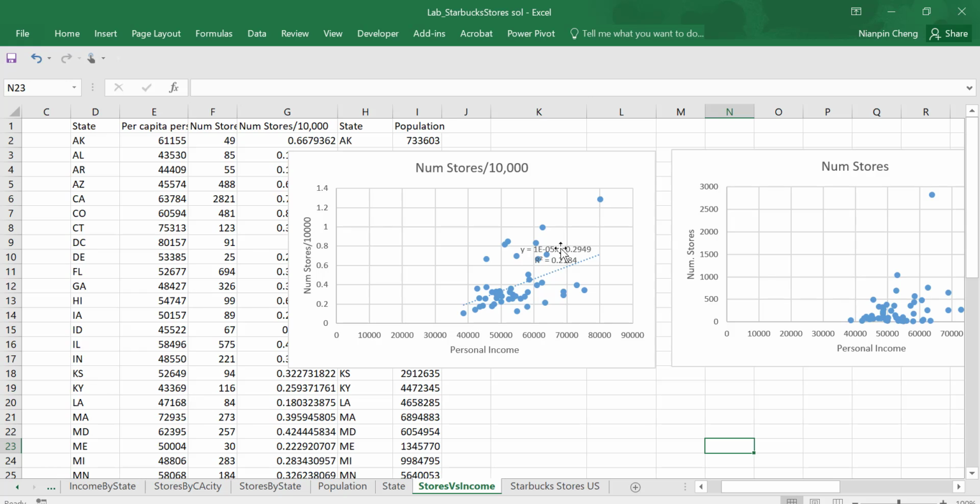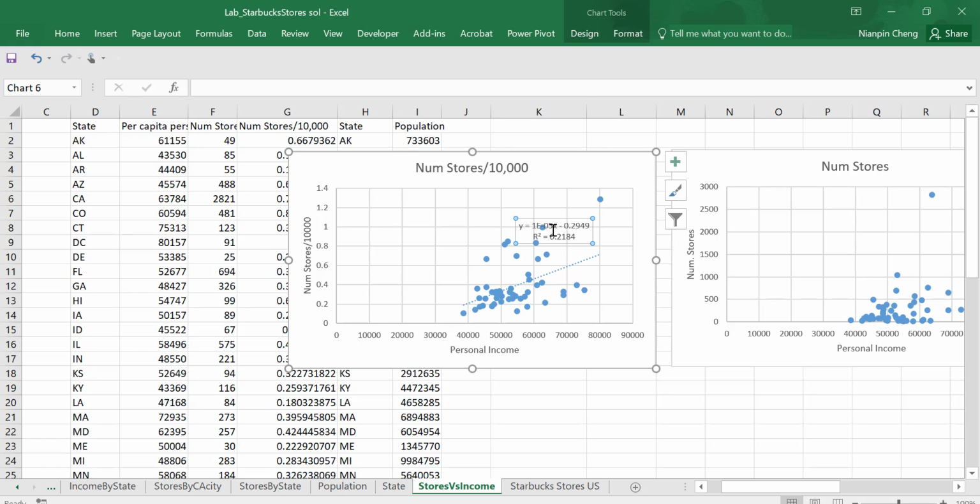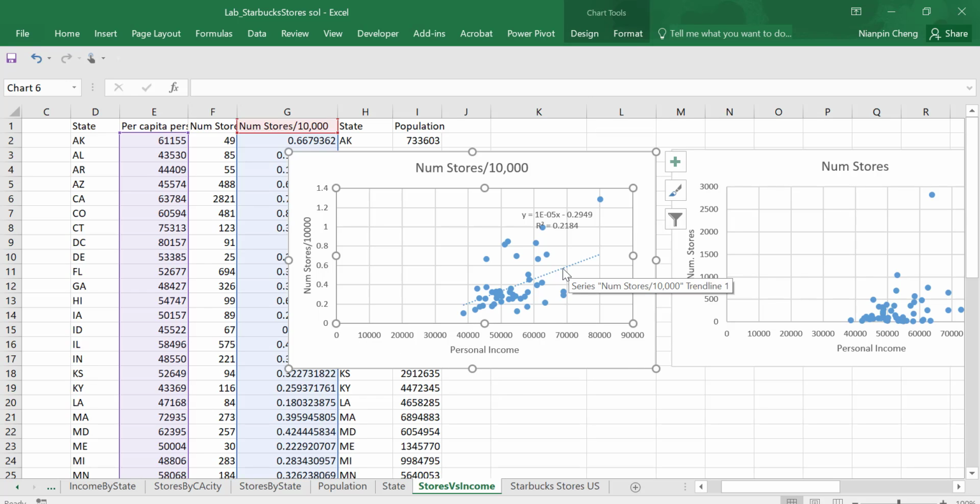So what we see here, the equation, and also the R value indicate how good the linear model is. So only 0.21 R squared. So only a little more than 20% of your variation in number of stores can be explained by the personal income. So not a strong linear relationship.